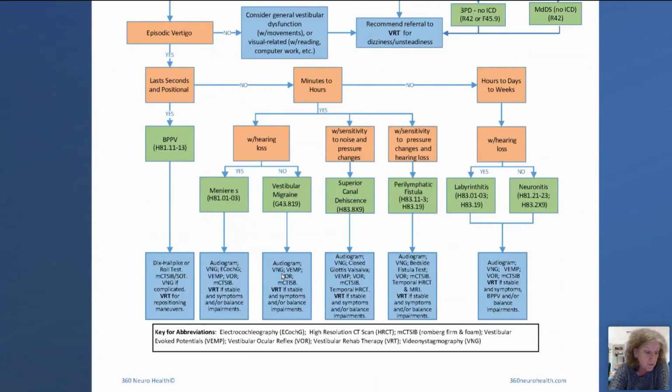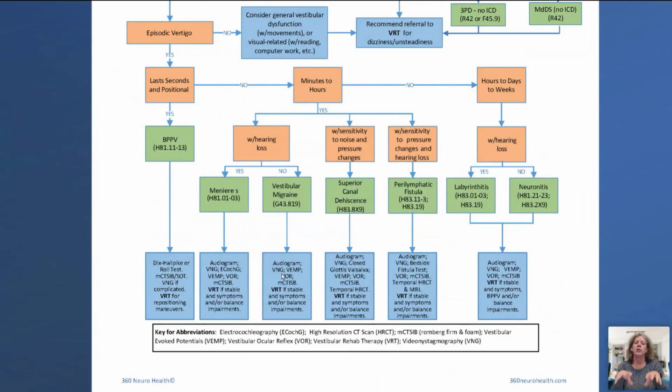Vestibular migraine, those tests can be beneficial as well. VIMPs are starting to show more promise about certain patterns associated with vestibular migraine. Certainly, VOR testing with either Meniere's or vestibular migraines, balance testing.